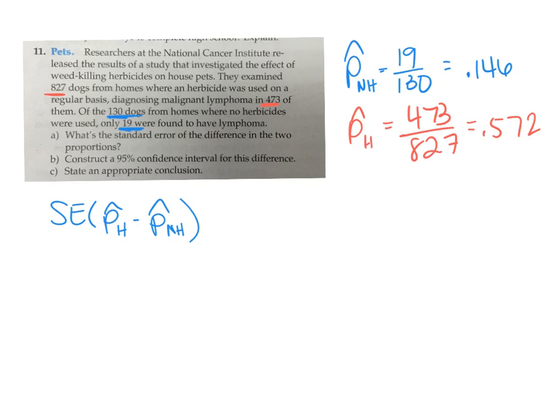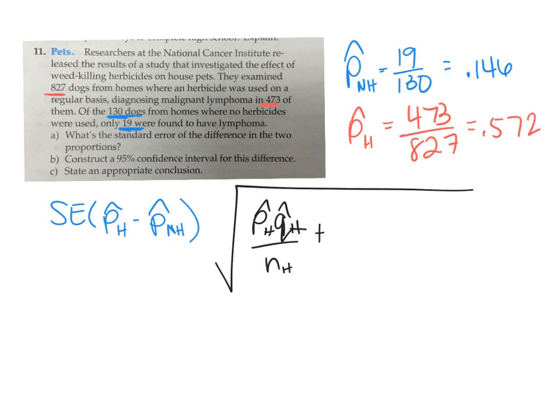So to do my standard error, it's the square root of P hat H Q hat H over N H plus P hat NH Q hat NH over N NH. So these are the sample sizes on the bottom and your P hat Q hat.